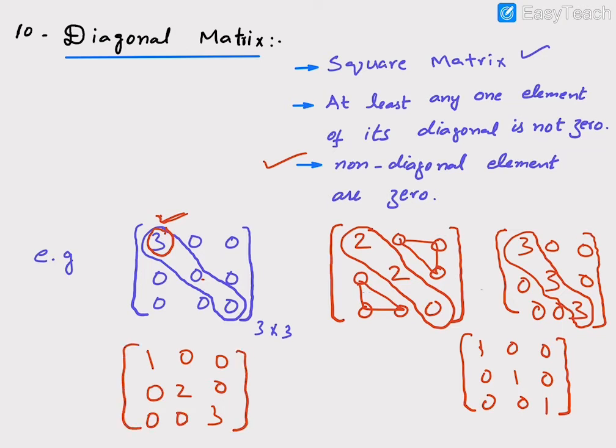This is also a diagonal matrix. All elements in the diagonal are different. It can be same also, it can be 1 also. Further, we will classify: if it is same, it will be a scalar matrix, and if it will be 1, it will be an identity or unit matrix. But all these are diagonal matrices.